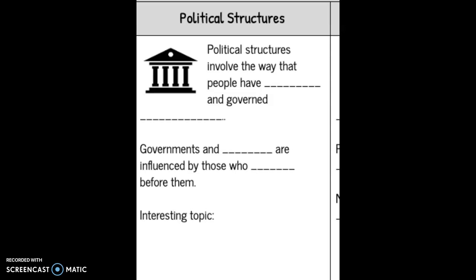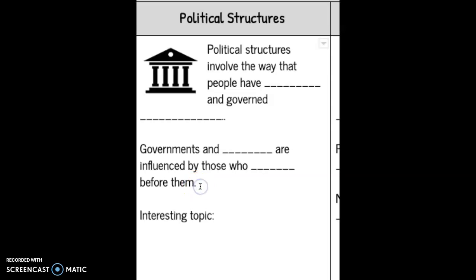Next, let's talk about political structures. So think politics. Political structures involve the way that people have organized and governed themselves. So what is the rule of law of a particular region or culture? One point I want to focus on is that throughout history we see that governments and leaders are influenced by those who ruled before them.